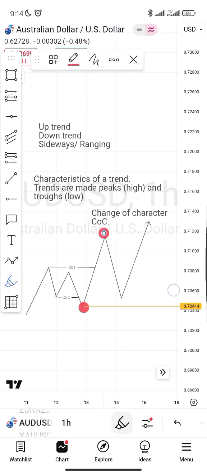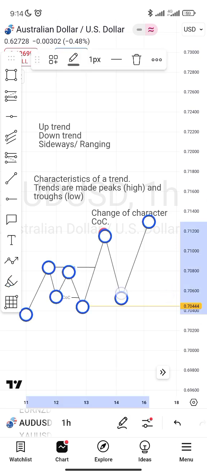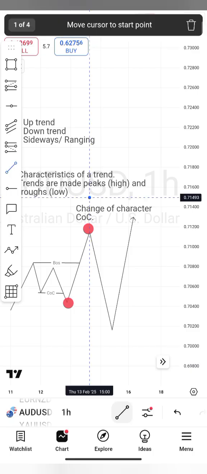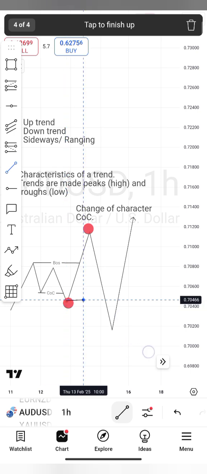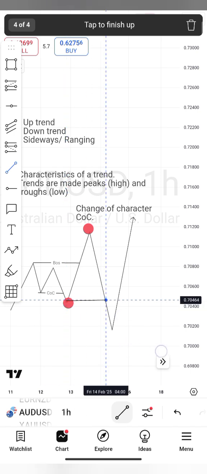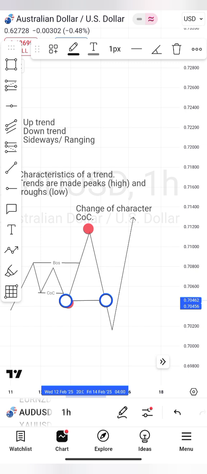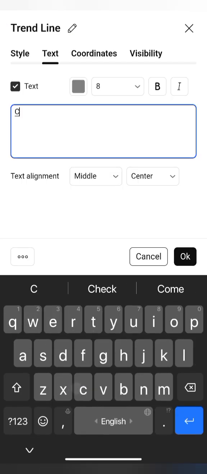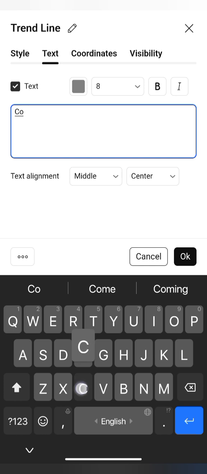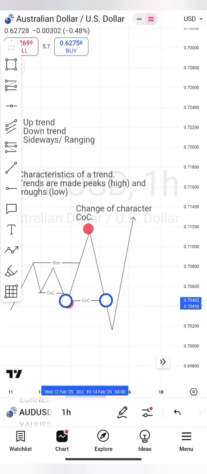Where you might now start changing your bias is when something like this happens. Only when that happens does this become a valid change of character, because you know that a strong low in an uptrend is meant to be protected. So when it's not protected, you can now say, okay, the market has changed character.